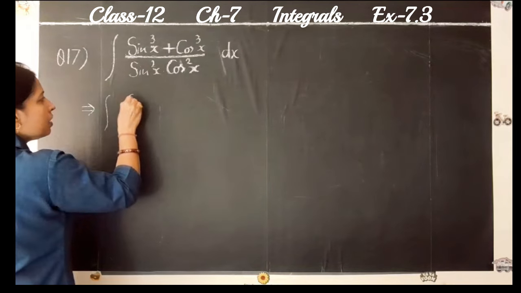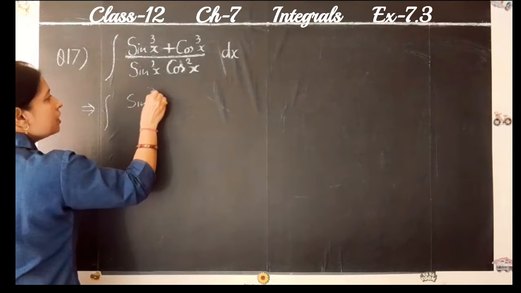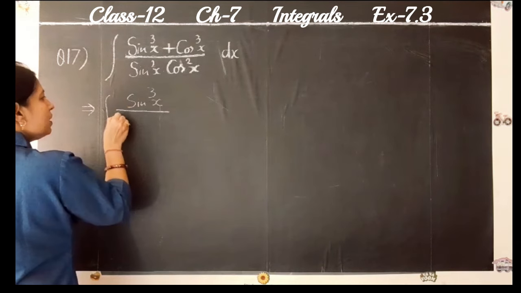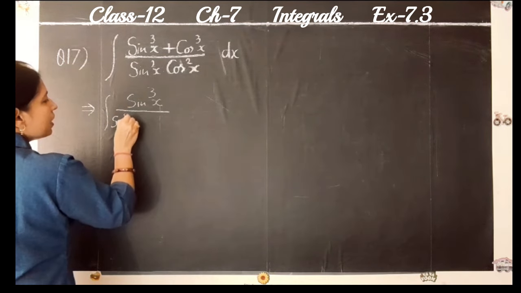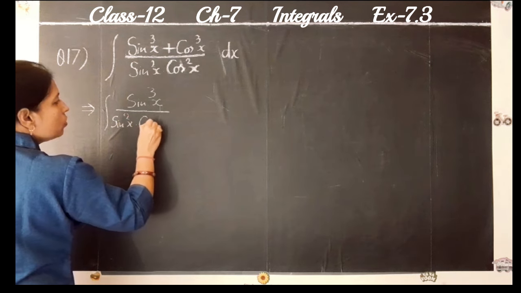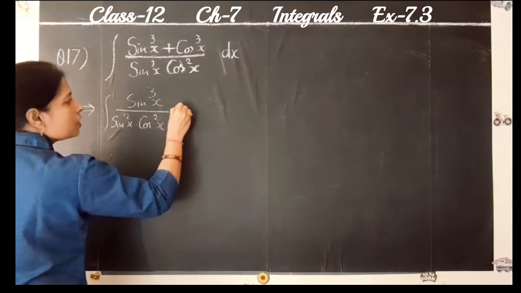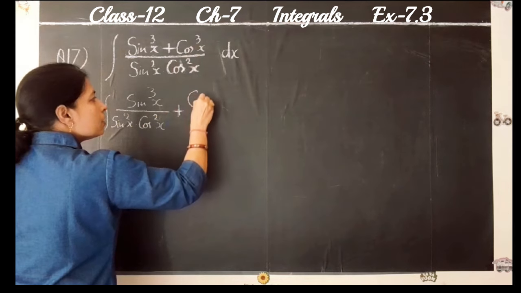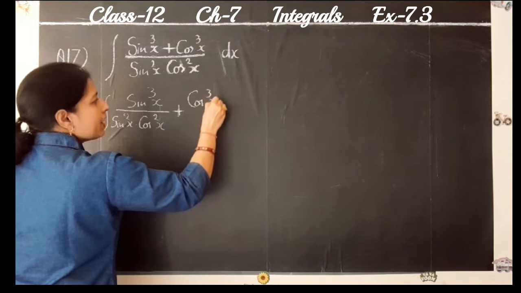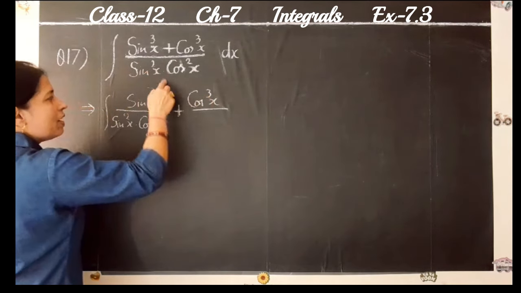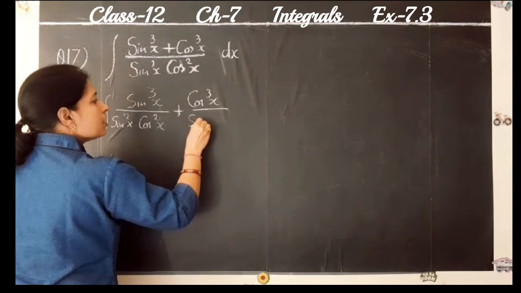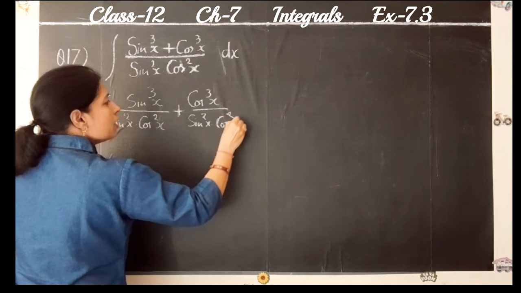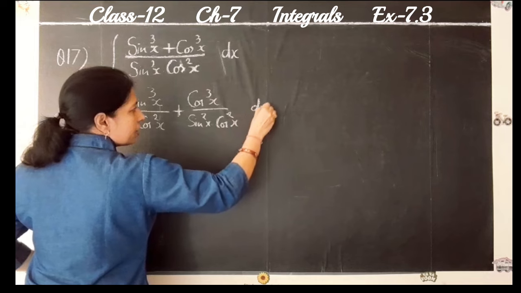Write this. First write sin cube x and it is divided by sin square x into cos square x. Right, plus then write cos cube x and it is also divided by sin square x into cos square x and write here dx.